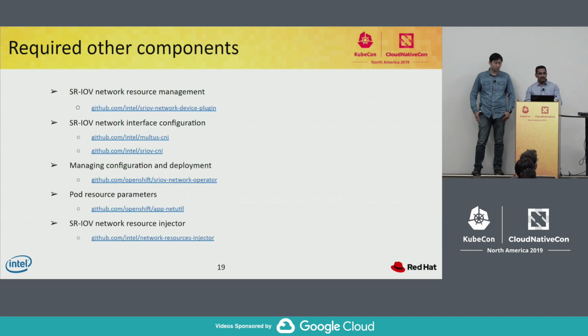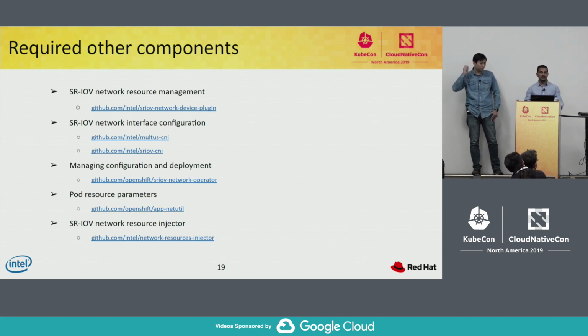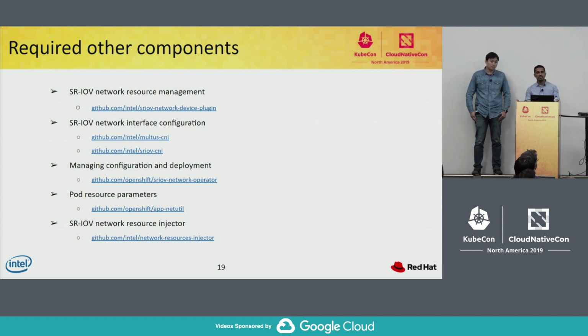The other components that we needed: this is the SR-IOV network that we implemented. So we need to have SR-IOV networking capability as well. For that, we have the SR-IOV network device plugin that does the resource allocation, resource discovery and registration to Kubernetes, the kubelet, and then the SR-IOV CNI that does the port configuration.